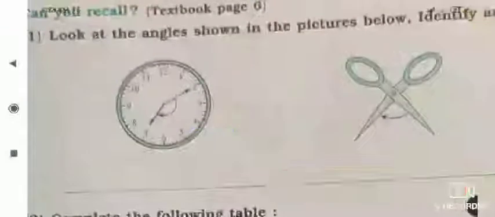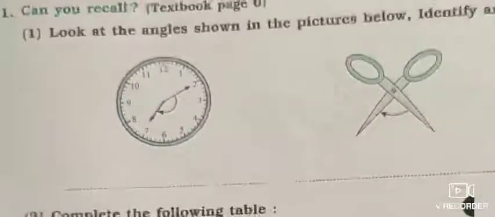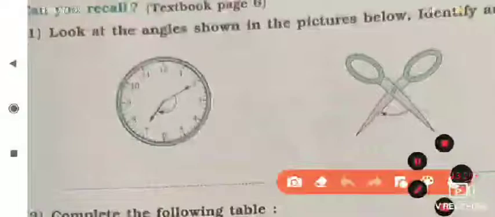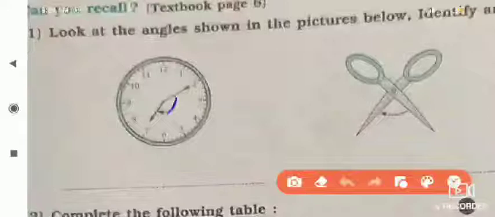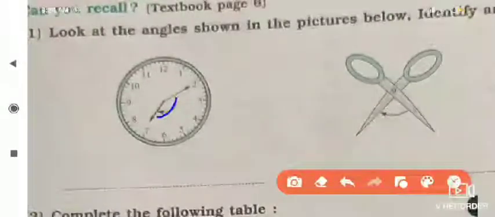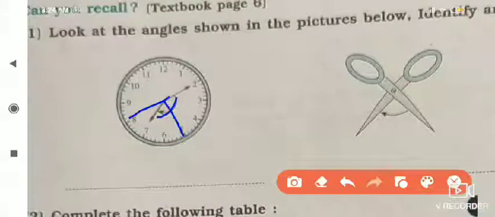You will notice that if you take a protractor and measure it, this angle's measure is more than 90 degrees and less than 180 degrees. If this arm is straight here, then it is a straight angle, and if this arm is here, then it is a right angle. But the black arrow is shown exactly in between, meaning between 90 and 180.